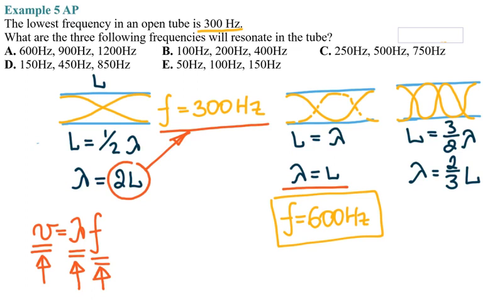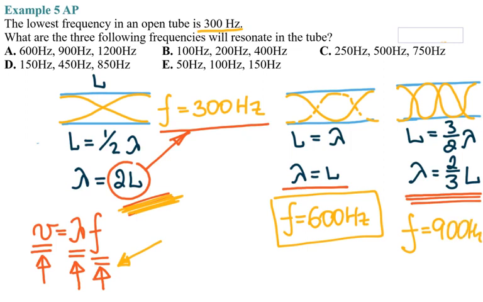And with the same reasoning, if my wavelength is 1/3 of the original one, because it's 2L over 3 now, then my frequency has to be 3 times bigger. So that gives me 900 hertz.